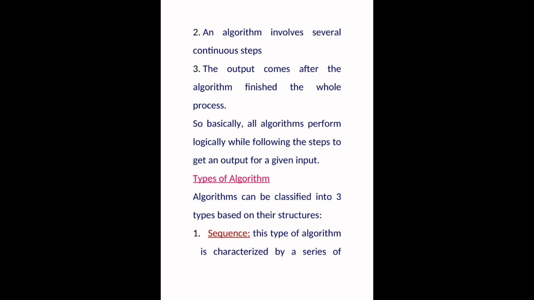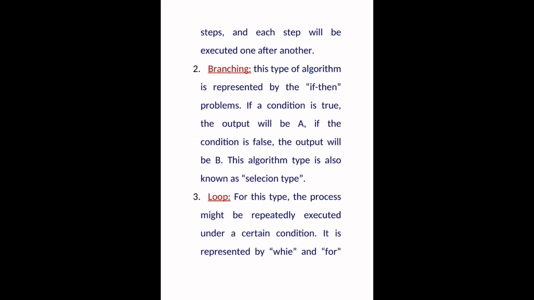This type of algorithm is characterized by a series of steps, and each step will be executed one after another. An algorithm is a set of instructions in sequence, so each step or instruction is executed one after another.